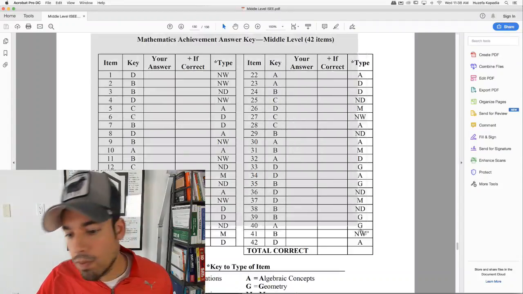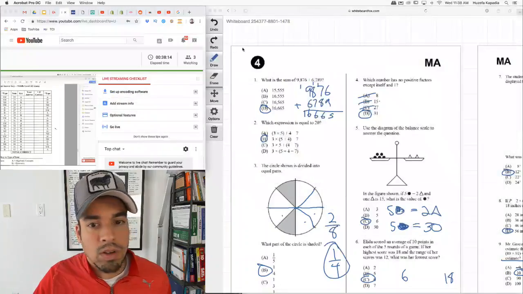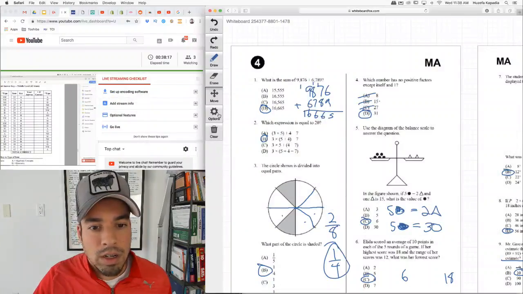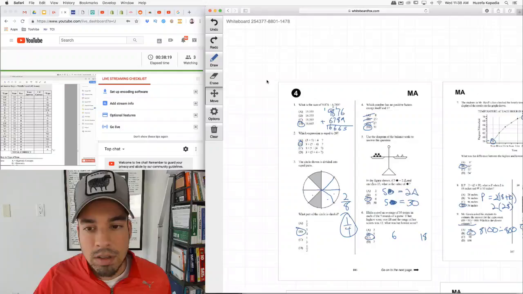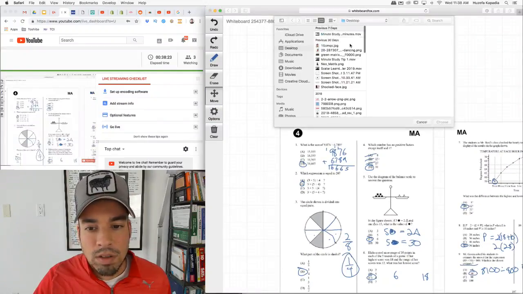All right, I'll zoom out a little bit. There we go.